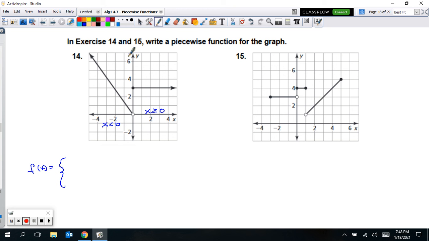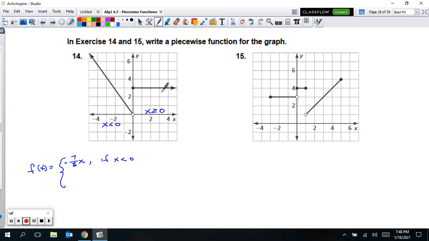So that's going to be up 7, and then 1, 2, 3, 4, 5. So rise is 7, and then negative 5. So it's going to be a negative 7 fifths. Negative 7 fifths x, and it's at 0 there. We're going to say comma if x is less than 0.